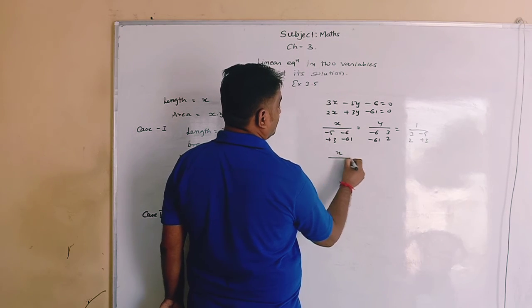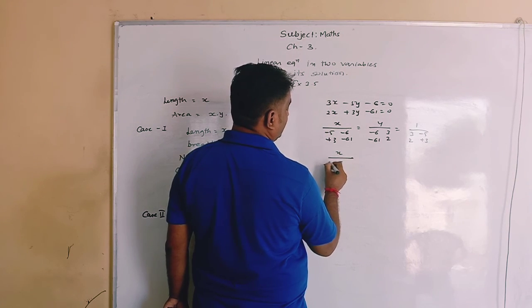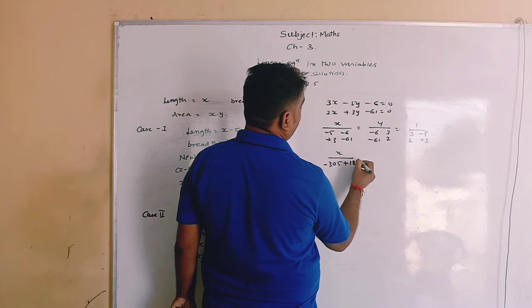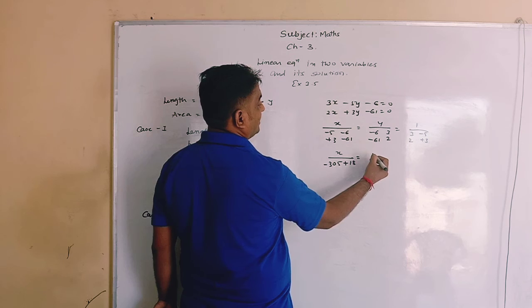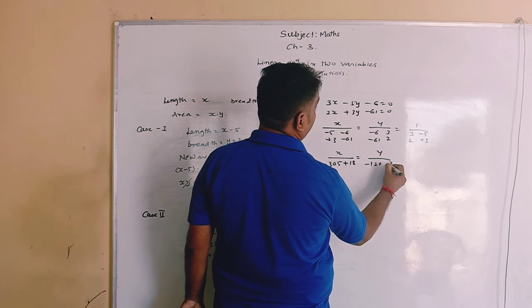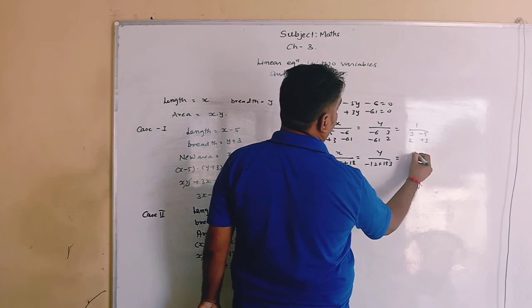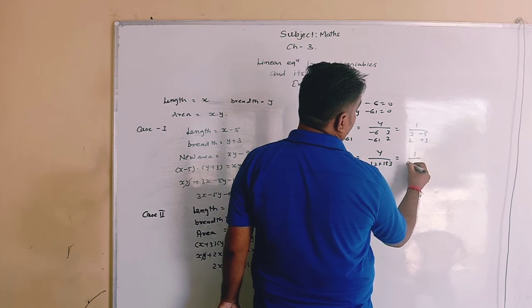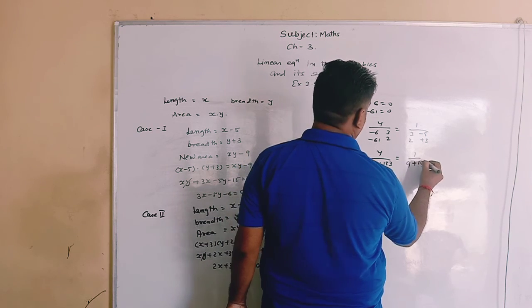So we take the cross multiply, then 5 minus 305 and here plus 18, because minus plus minus and then minus sign is there, y upon minus 12 plus 183 and 1 upon here 9 minus minus plus 10.